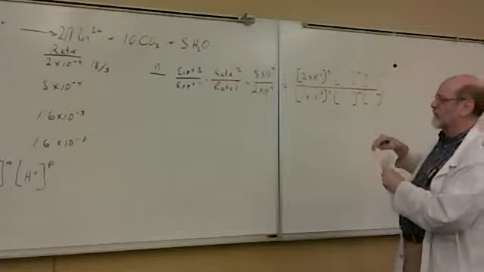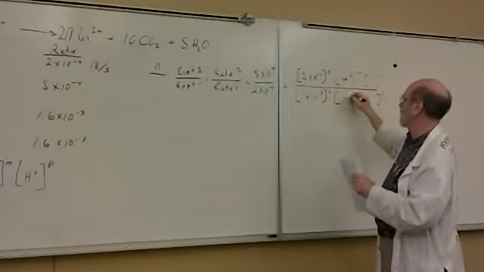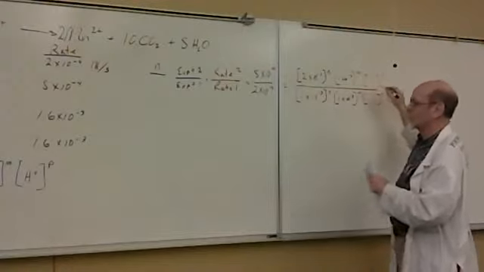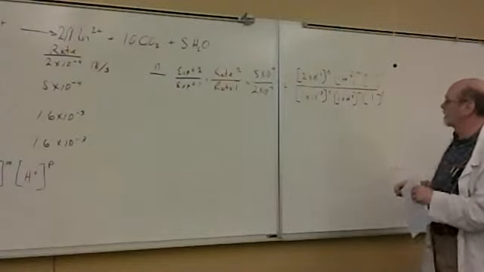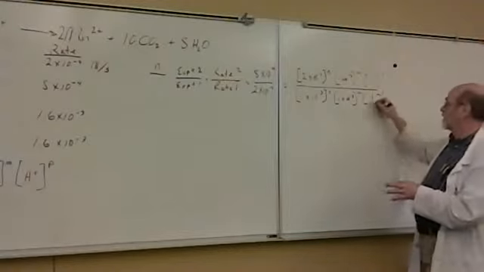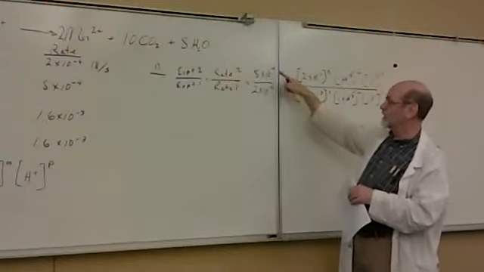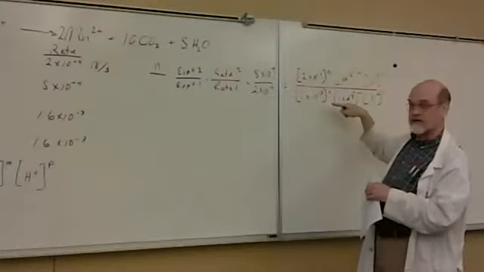Well, I'll fill this one in to begin with. 1 times 10 to the minus 3, and 1 times 10 to the minus 3, and this one is 1 and 1. Right? So when we start resolving that ratio, that one cancels, that one cancels, that one cancels, and all we have left is this divided by this equals that divided by that.